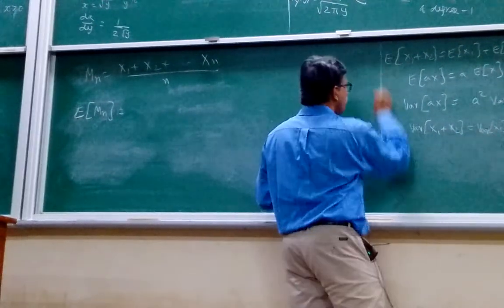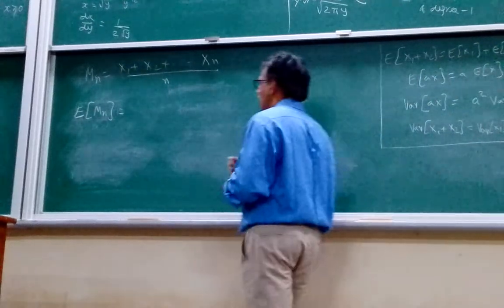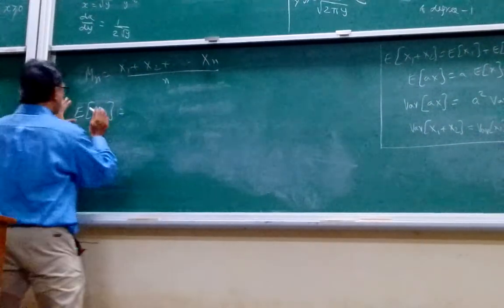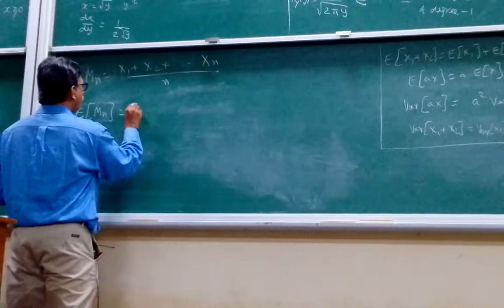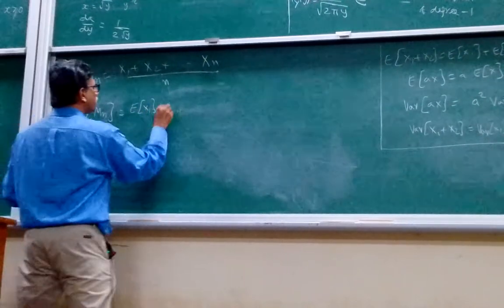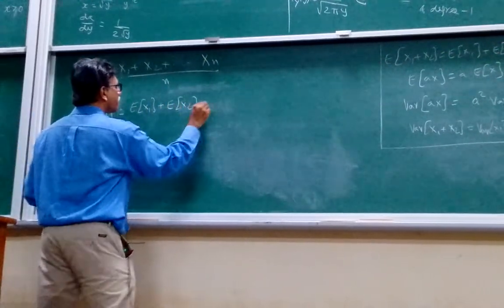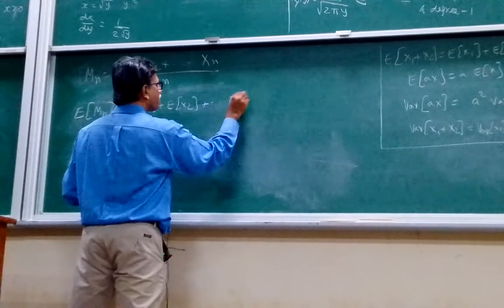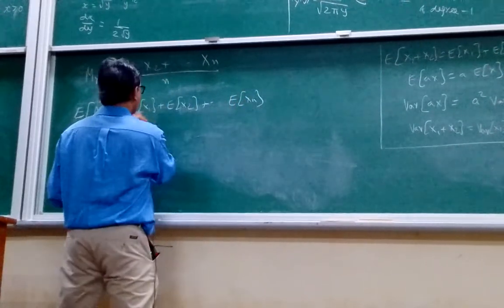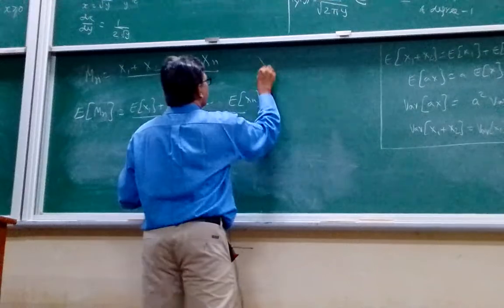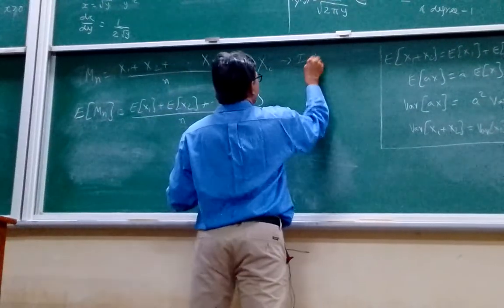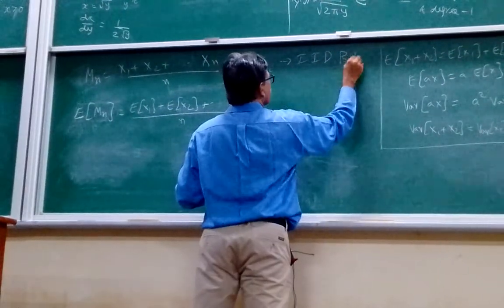So we are going to make use of these basic results. So E of Mn is (E of X1 plus E of X2 and so on) by n, where the Xi are IID random variables.